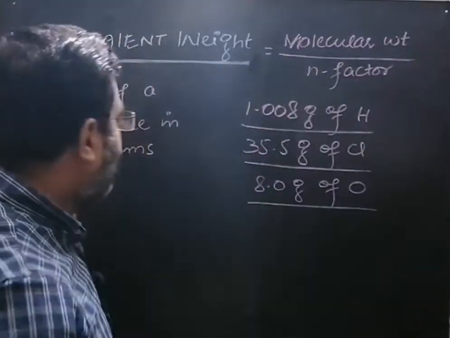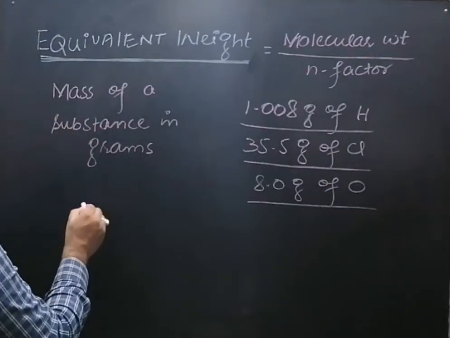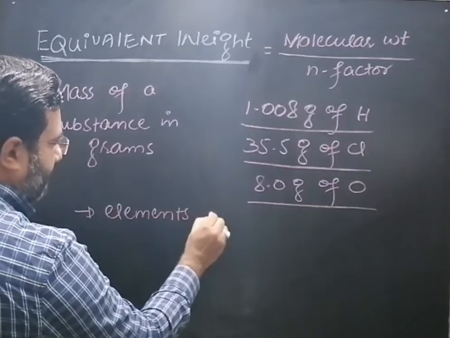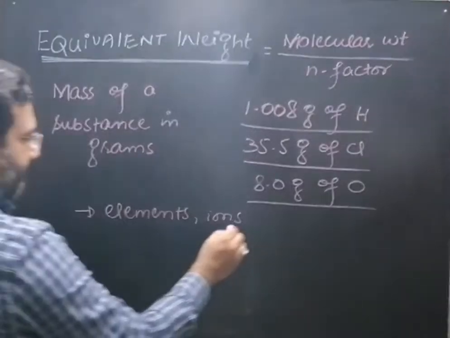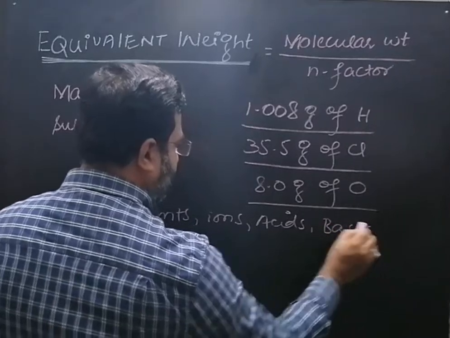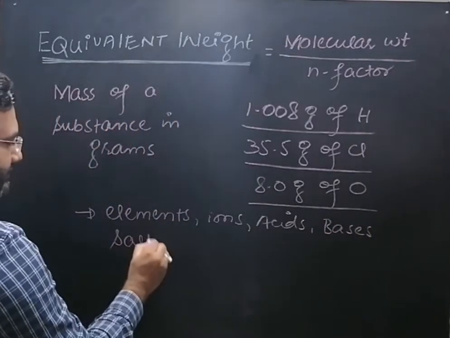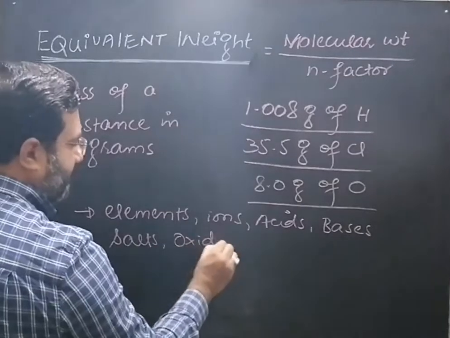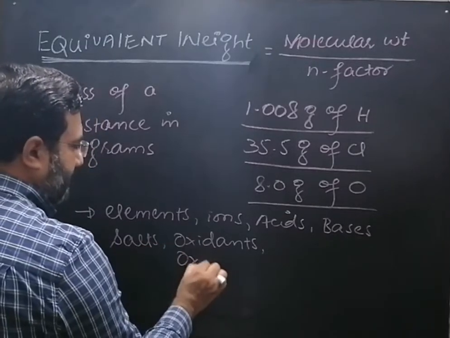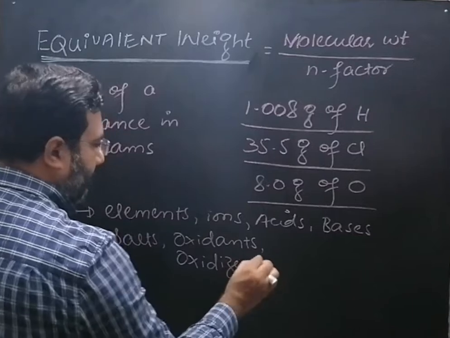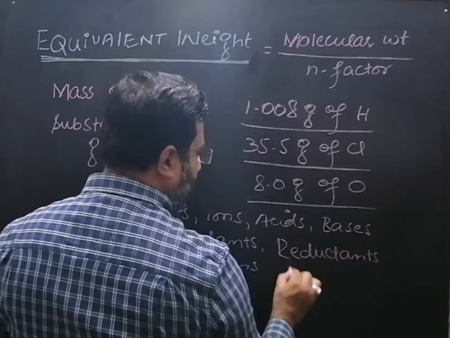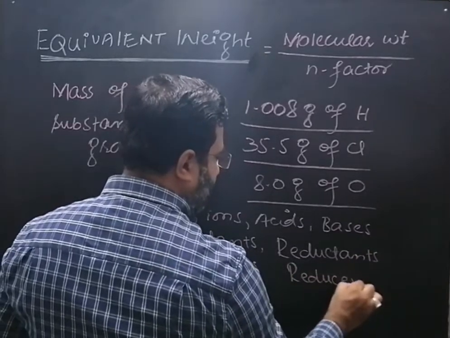And when I say the concept of equivalent weight, keep in mind that it is usually applicable to elements, ions, acids, bases, salts, oxidants, which are also called oxidizing agents or oxidizers, and reductants, which are also called reducing agents or reducers.